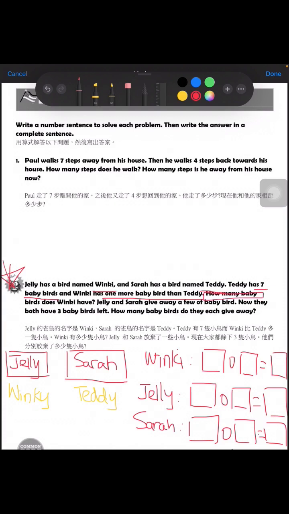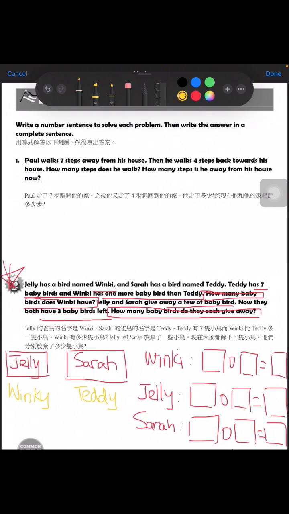How many baby birds does Winky have? And then, moreover, Jelly and Sarah give away a few of the baby birds. Now, they both have 3 baby birds left. So the second question is, how many baby birds do they each give away?